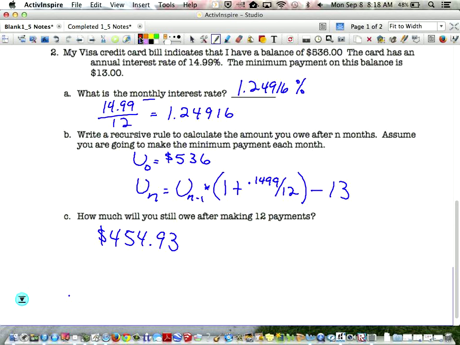Now, what's 12 times 13? 156. So if I take my 536 minus 156, that's 380.